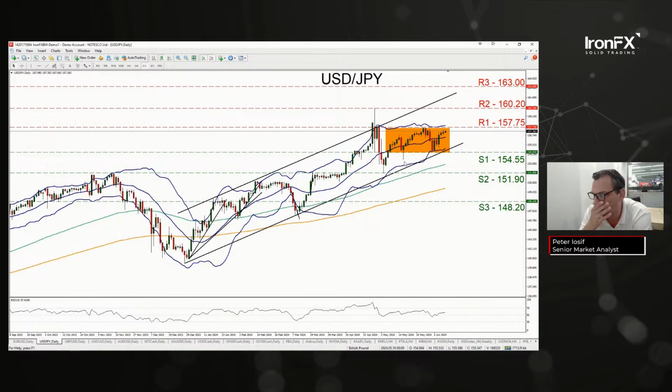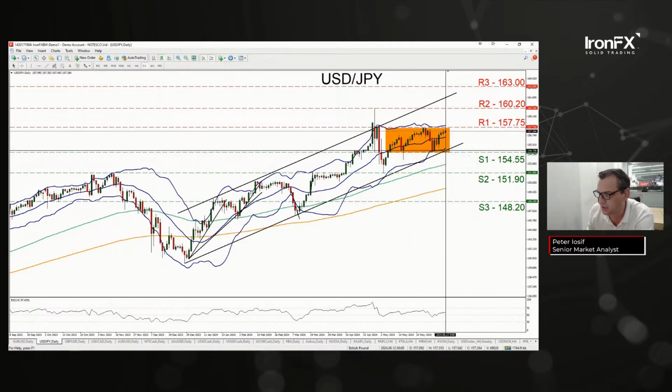Here you go. So we have seen that the price action since around the 8th of May remained in the corridor formed between the S1 154.55 and the R1 157.75. You can see that in the highlighted rectangle on your screens.